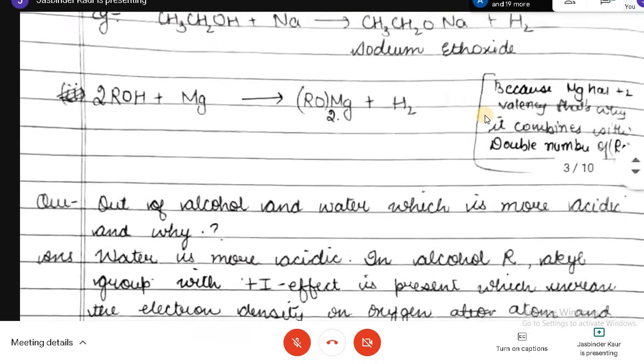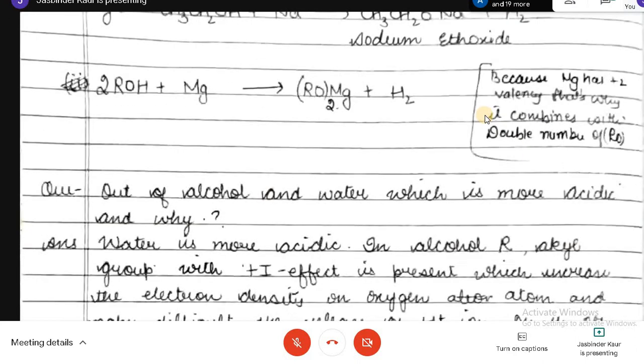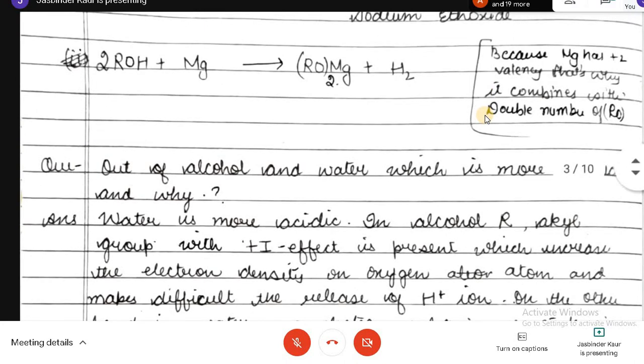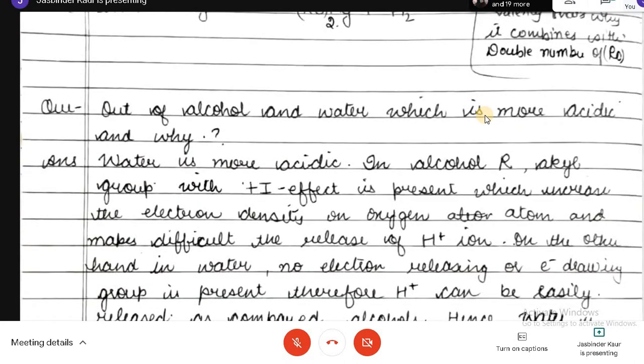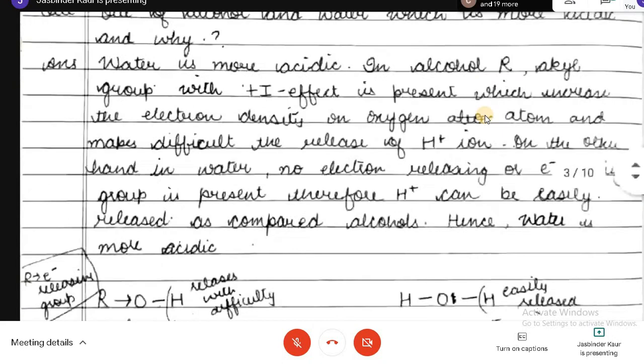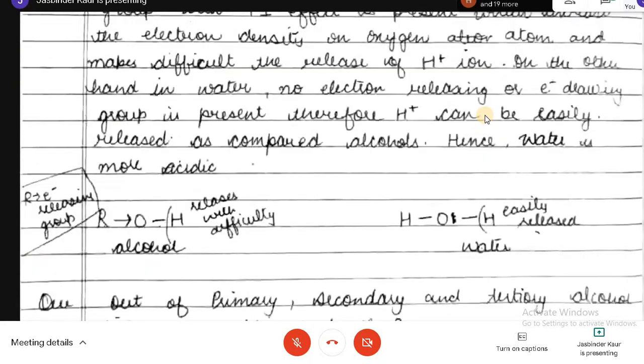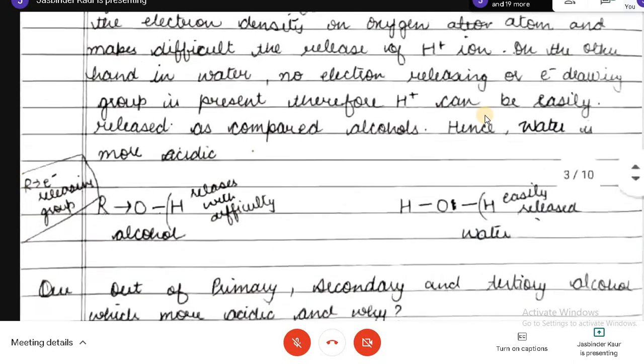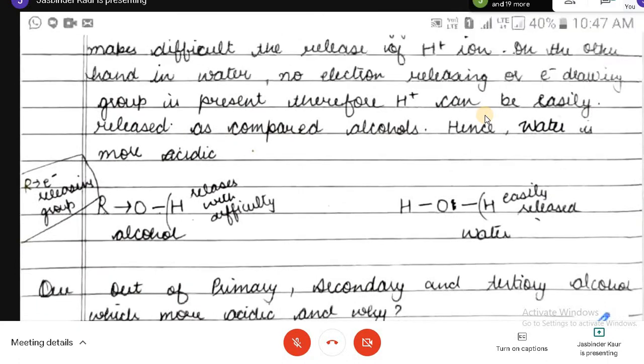As we have already done, out of alcohols and water, which is more acidic? Water is more acidic. This we have already done. We can explain this with these formulas. ROH is alcohol. HOH is water. In alcohol, R is an electron releasing group.